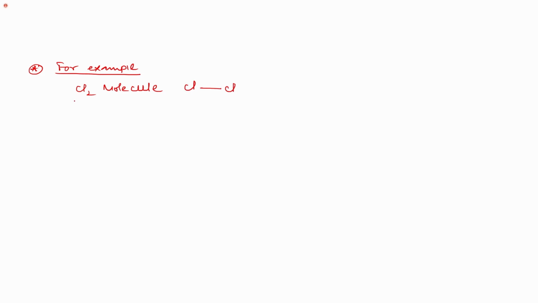To describe it, Cl has 17 electrons. If I write the electronic configuration of Cl, it is 1s2, 2s2, 2p6, 3s2 and 3p5.